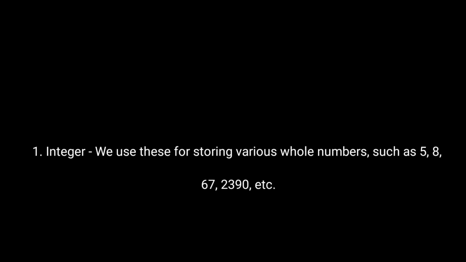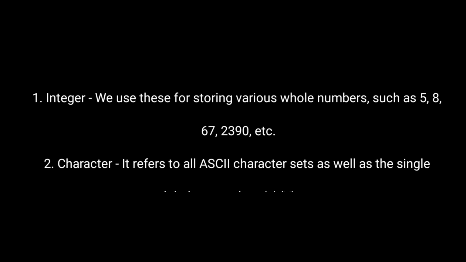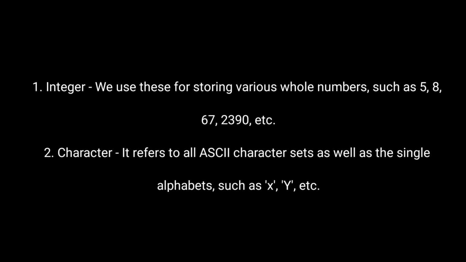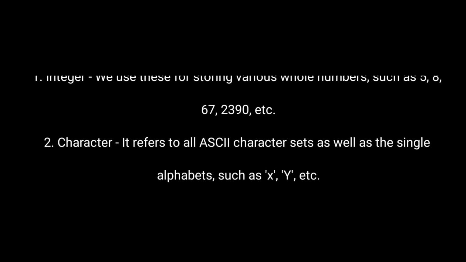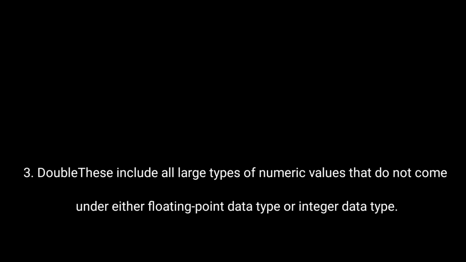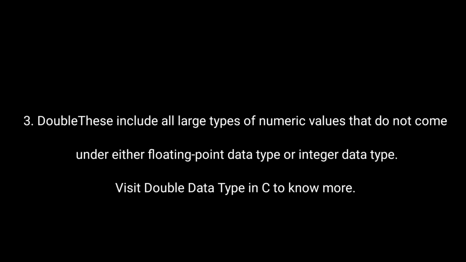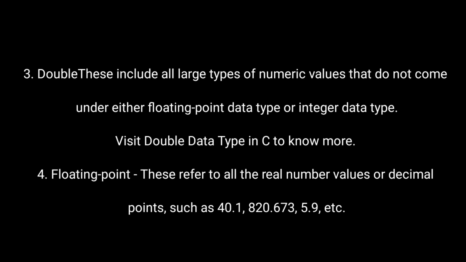First one, integer. We use this for storing various whole numbers such as 5, 8, 6, 7, 2, 3, 9, 0, etc. Character refers to all ASCII characters as well as single alphabets such as X, Y, etc. Double includes all large numeric values that do not come under either the floating point data type or the integer data type.